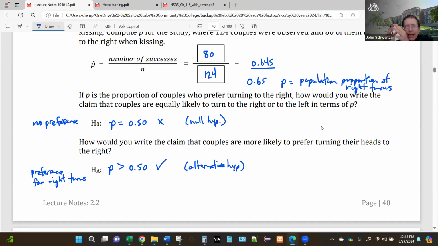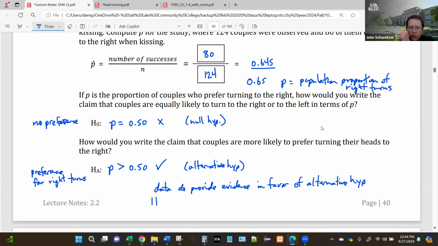So this data set is providing some evidence in favor of the alternative hypothesis, because it's more than 50%. But my question for you is, how strong is the evidence?